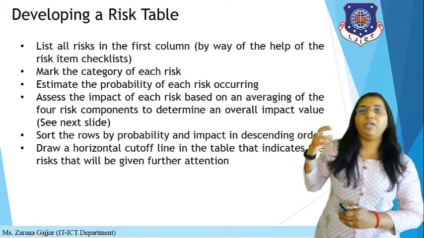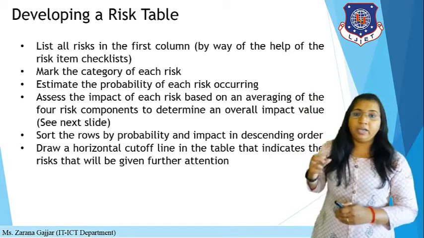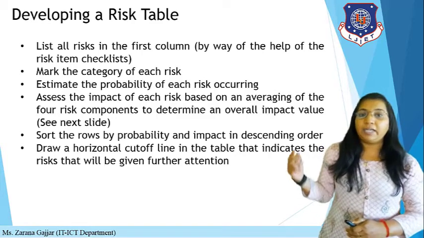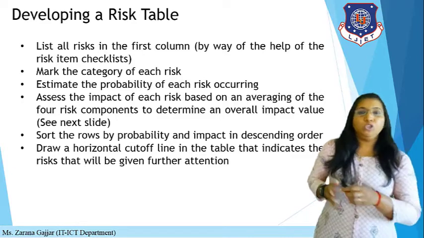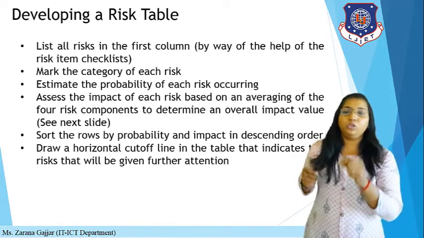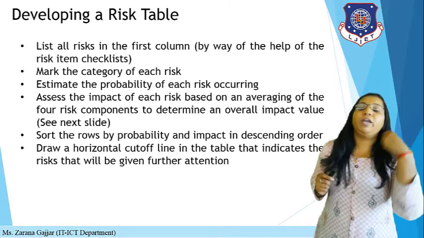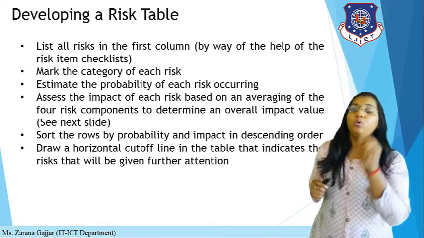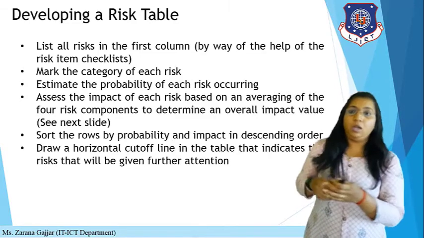Then you have to draw a horizontal cutoff line in the table that indicates the risks that will be given further attention. So you have to mark something, and based on this mark you can identify in future that this risk may occur, and give particular attention to it.